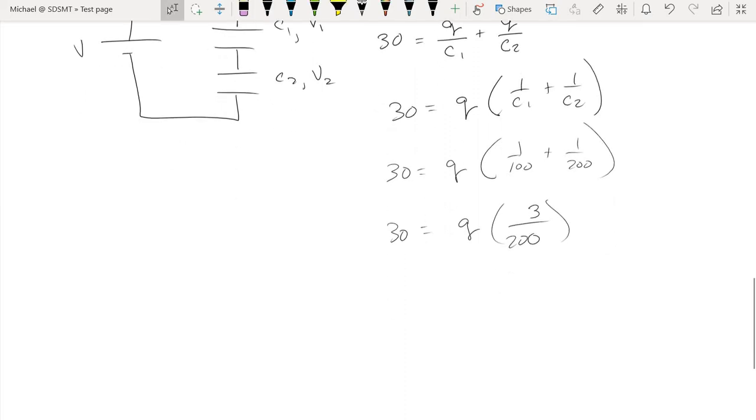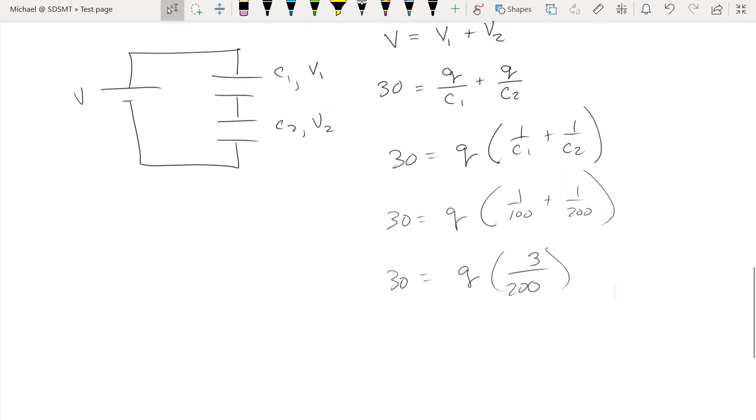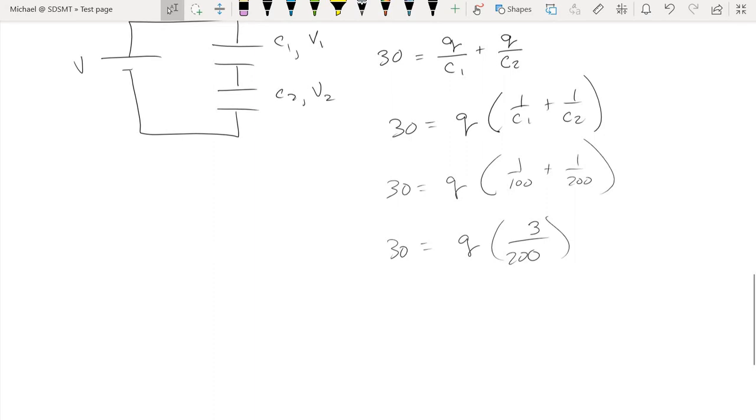And so now we can solve for the amount of charge that will deposit onto each of those capacitors. We just need to multiply by the reciprocal of our 3 over 200. So that's going to be 30 times 200 over 3. It's going to make 2,000.